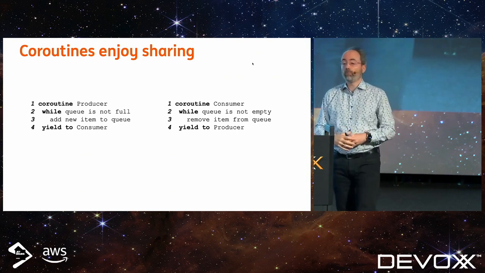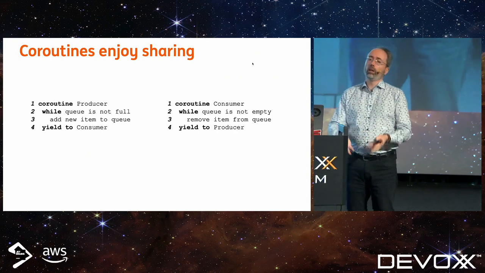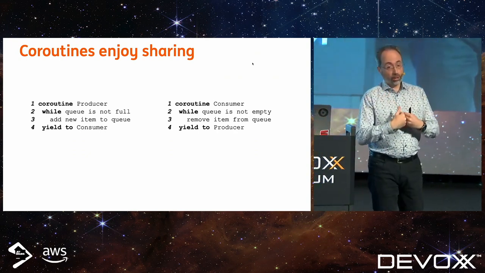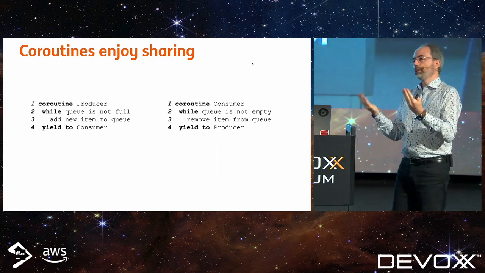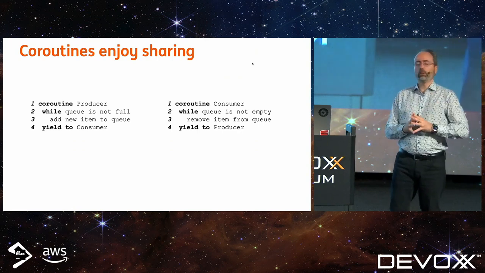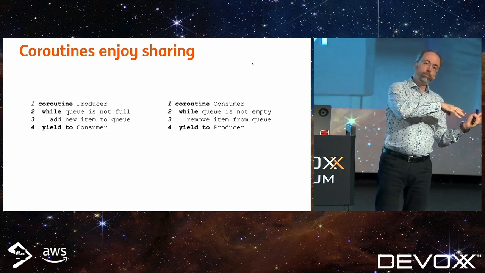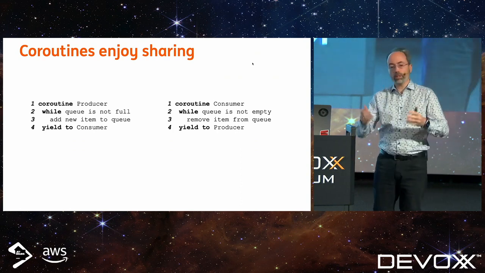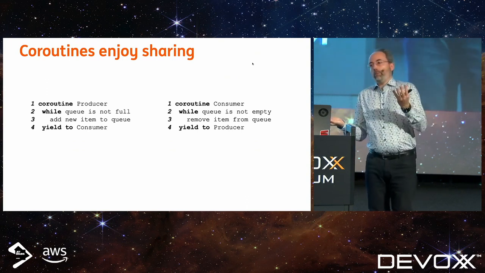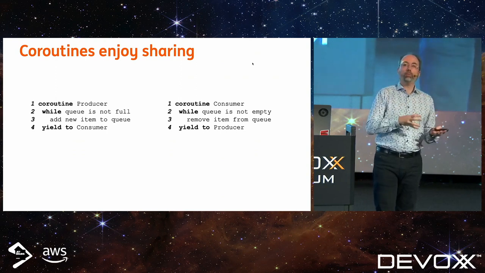The consumer then gets its turn to run, removes the items from the queue, and when it is finished with them, decides, okay, now it's time to give some CPU time to the producer. The producer gets an opportunity to run, places some items, etc. It's a big ping-pong game with CPU resources.